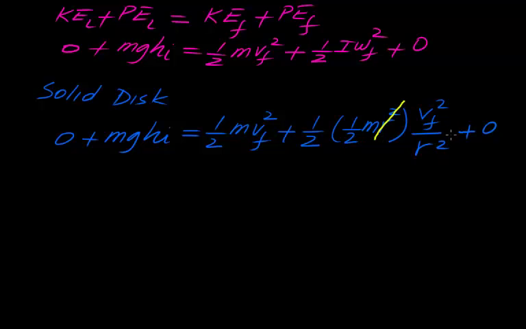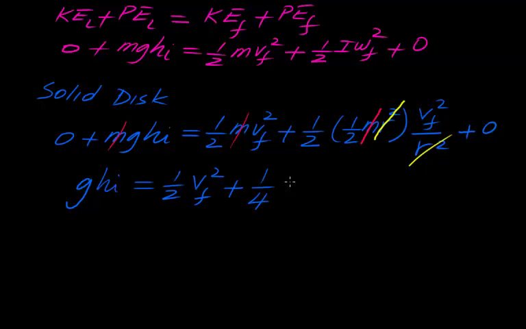Notice that the radius squared is going to cancel out. Notice also that the mass is a common factor, therefore it cancels out. And this equation is now simplified to the following. The gravity g times the height initial equals 1/2 times v final squared plus 1/4 times v final squared.